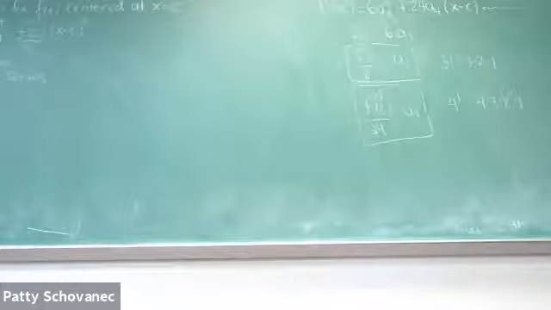And so the Maclaurin series just looks like this: the kth order derivative of f at 0 divided by k factorial times x to the k.